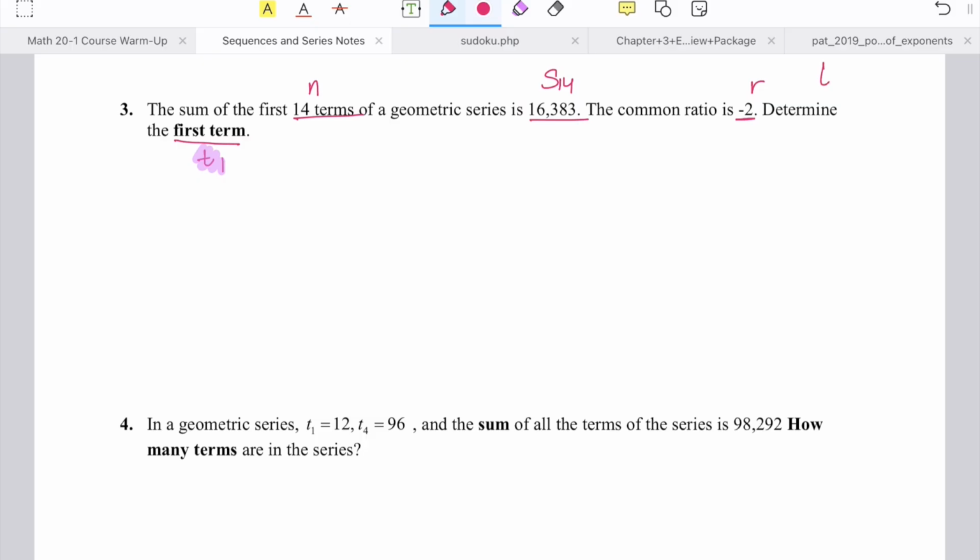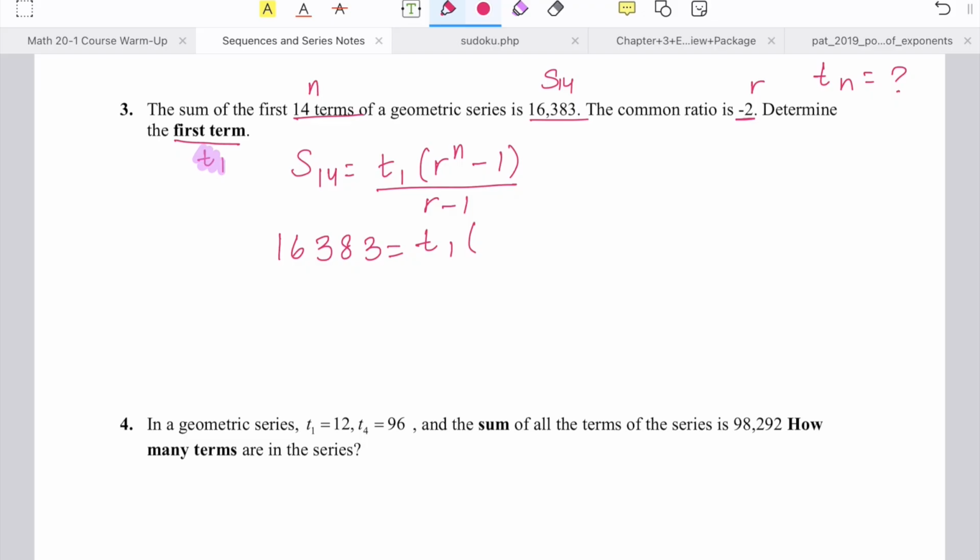Well, we also don't know what Tn is, right? So Sn, using the first formula, or S14 in this case, is T1 times R to the power of N minus 1 over R minus 1. T1 we don't know, but we do know S14 is 16,383. So we're just substituting values in. T1 times R, which is -2, to the power of N, which is 14, minus 1 over -2 minus 1.